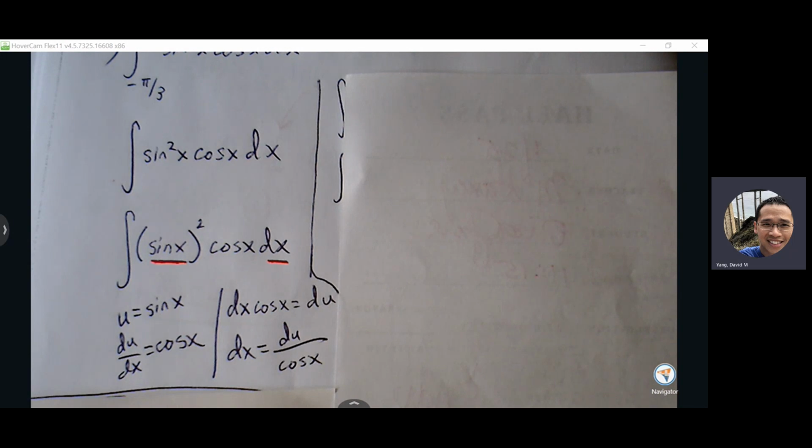And we make our initial substitutions back into our problem, right? We keep the square, we keep the cosine, but we replace the sine with u, replace the dx with du over cosine.